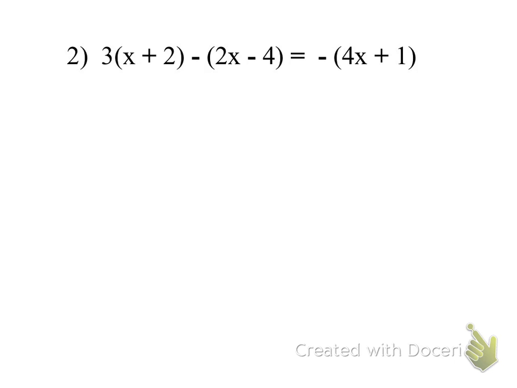Okay, so step 1, what am I going to do? So what I always do is where there's just a variable, I put a 1 in front of it. Or actually distributive property. Right, we're going to distribute.